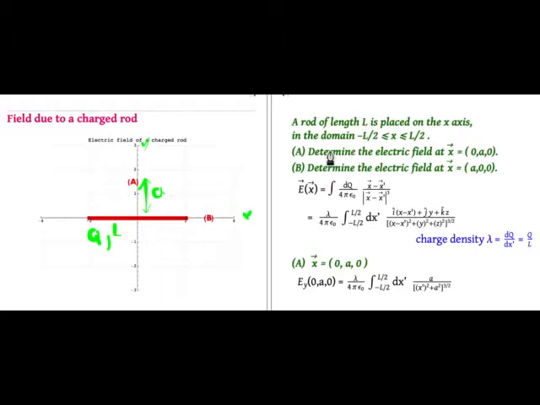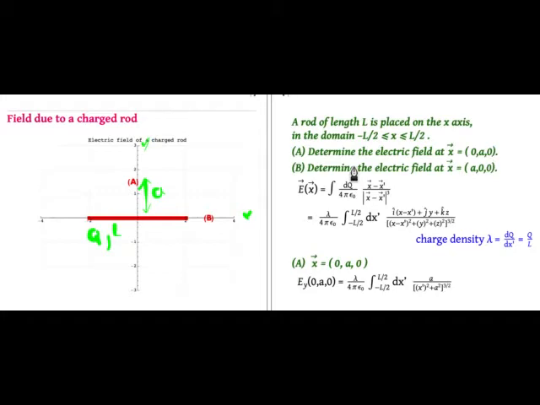And we want to determine the electric field at (0, A, 0). So again, this is the xy plane. So point A has coordinates (0, A, 0). The x coordinate is 0, the y coordinate is A. And it's in the xy plane, so the z coordinate is 0.